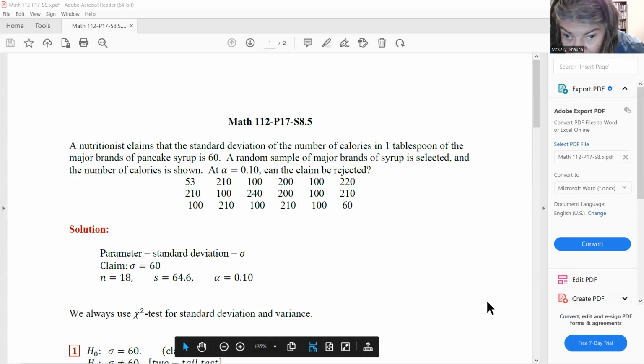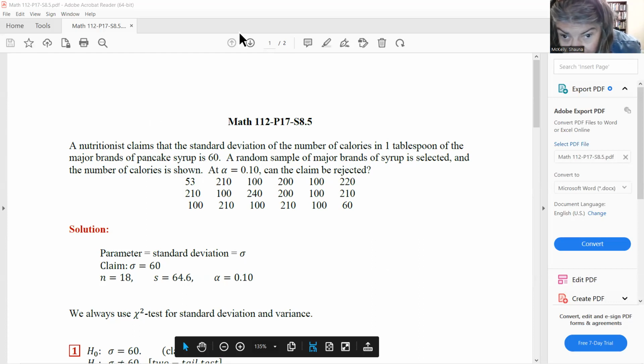I'm going to do a problem with real data, raw data, since that seems to give most of you the most difficulty, okay? So this one is actually the last problem on your homework. It says a nutritionist claims that the standard deviation of the number of calories in 1 tablespoon of the major brands of pancake syrup is 60.